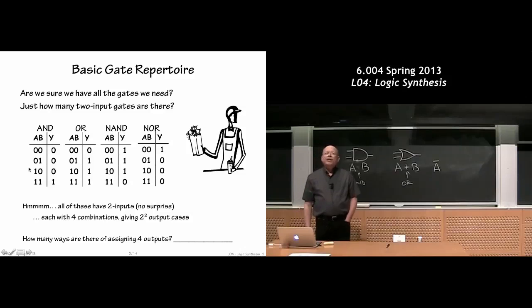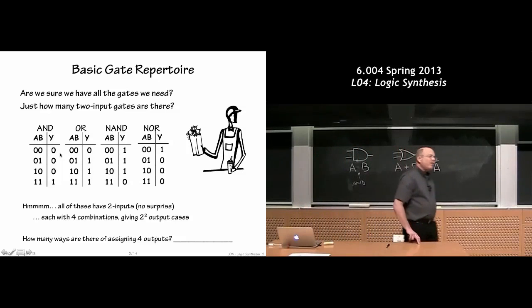Let's do the counting to figure out how we got 16 as the number of possible two-input Boolean functions. You notice that the enumeration of all the possible values of the inputs is the same. It's the same 4 rows. What differs between one function and the next is how I fill in the output column. I can put a 0 or a 1 for the first row, and a 0 or 1 for the second row, and so forth.